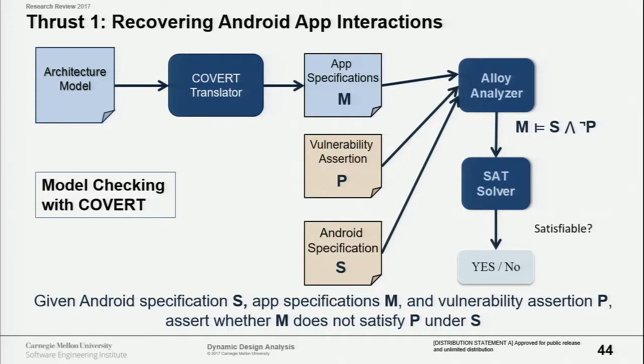lower trust level. In addition, we were able to convert these first-order predicate logic representations of the recovered system into Alloy, a formal language, which again is first-order predicate logic, and we could feed this into Covert, which is a model checker, and this allowed us to check additional properties of the system.